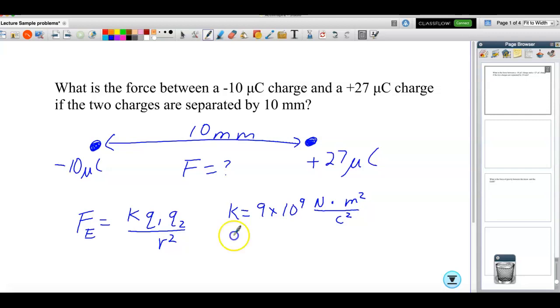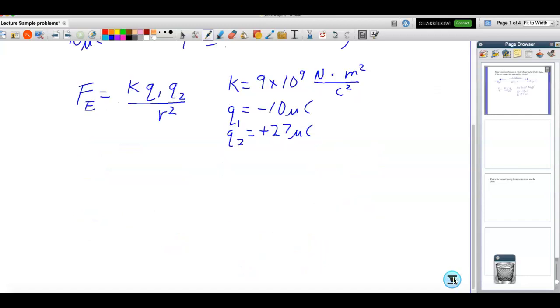Q1 is one of the charges, it doesn't matter. Let's pick the one on the left, that's negative 10 microcoulombs. Q2 then is positive 27 microcoulombs. And R is 10 millimeters.